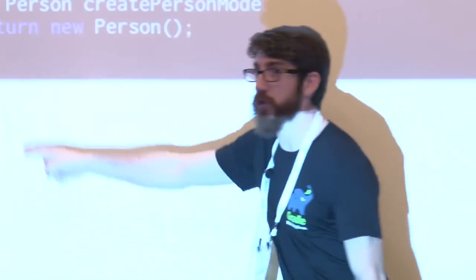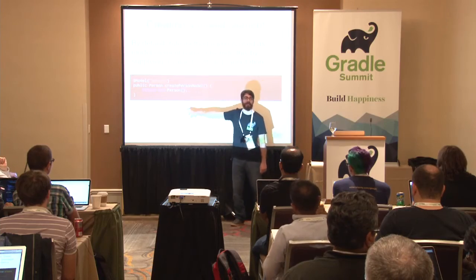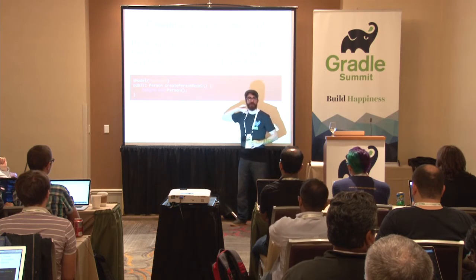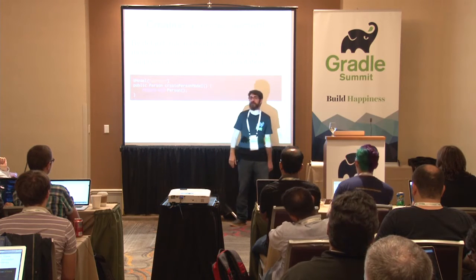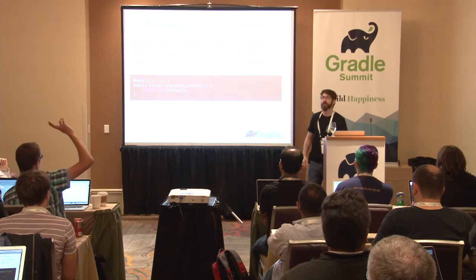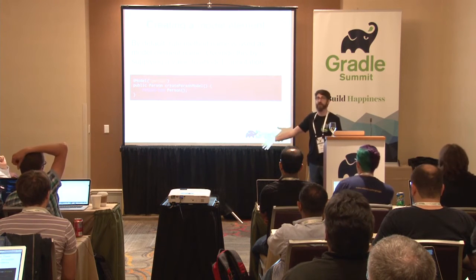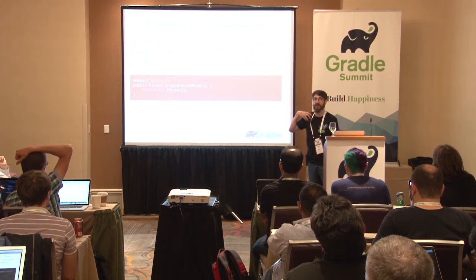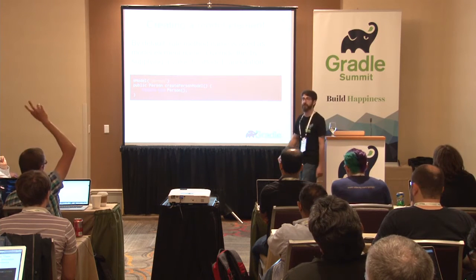In this case, no. And we know we're not because you're calling new. In this case, you're controlling what we call an unmanaged model element. You control the implementation and its instantiation, so it's effectively a dumb object that doesn't do anything that the class doesn't do. When we talk about managed model elements, where Gradle controls the implementation, then there's a little bit more stuff that comes along with those.